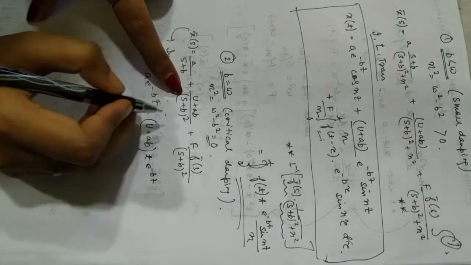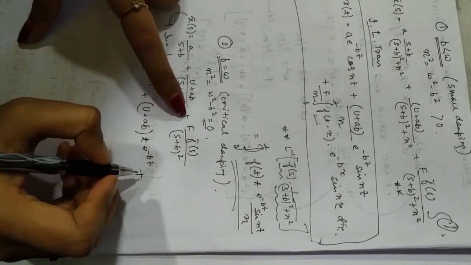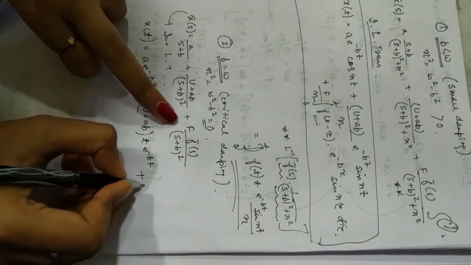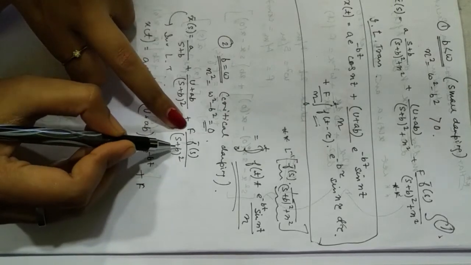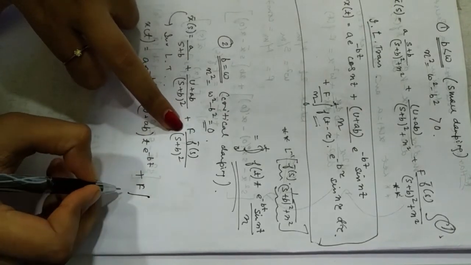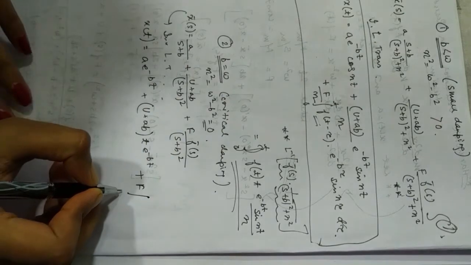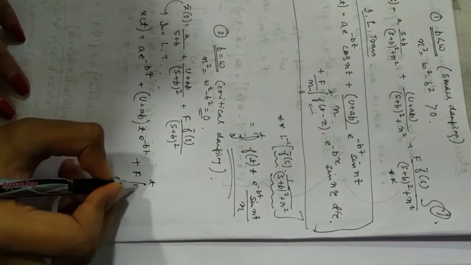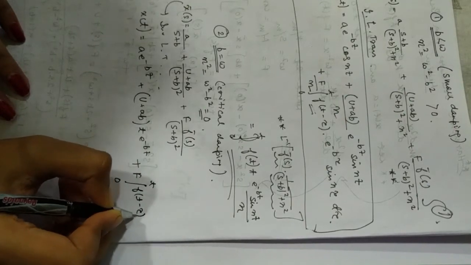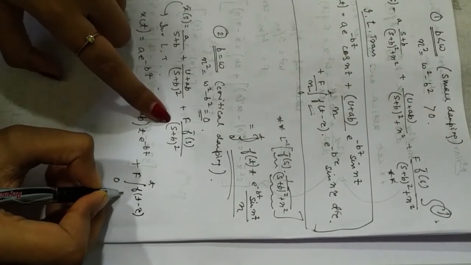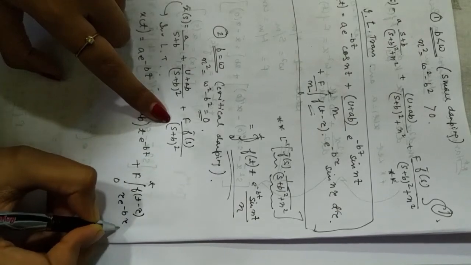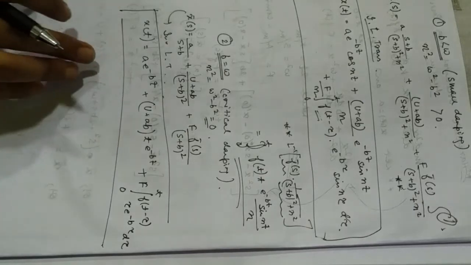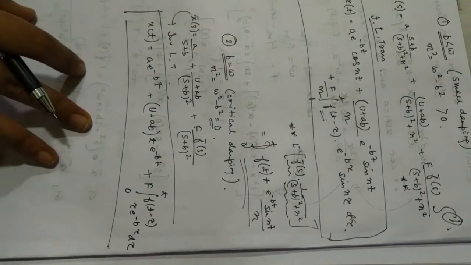Just apply the integral formula, right? And over here we are again going to apply the convolution theorem. These are two functions of s, so these are nothing but the convolution of the inverse transforms. So f of t minus tau, and this is tau e to the power minus b tau d tau, right? So this is the equation of motion in the case of critical damping.